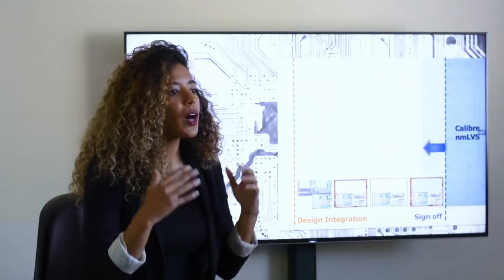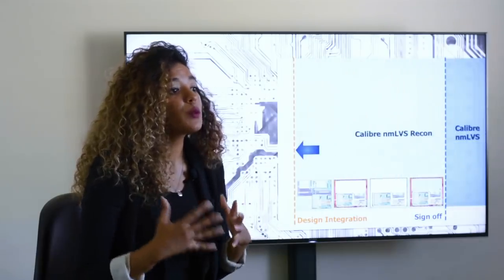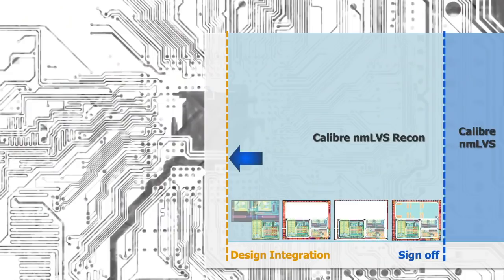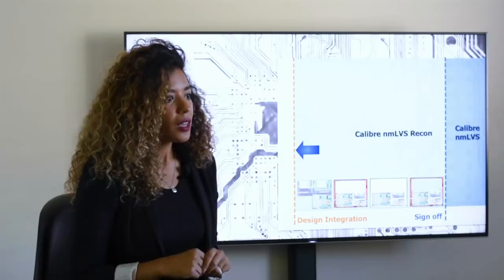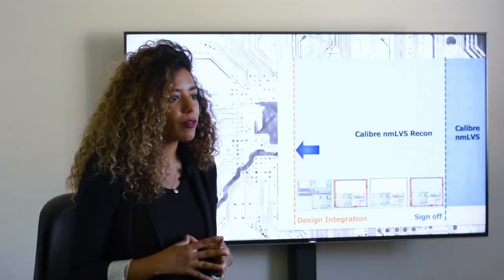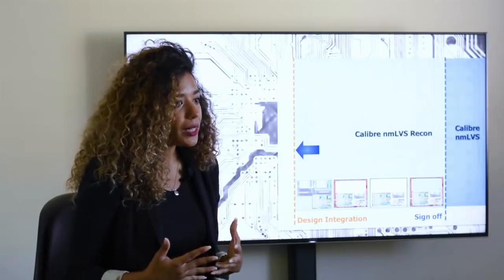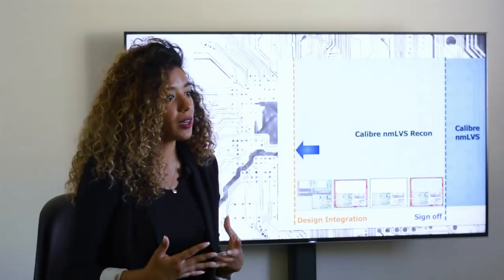Using intelligent heuristics, we leverage Calibre LVS verification on the highest priority steps for dirty designs. We only execute what is needed for early chip integration phases. This reduces the runtime of LVS, or more importantly, the number of turns for a designer, and reduces the amount of errors that a designer needs to consider.